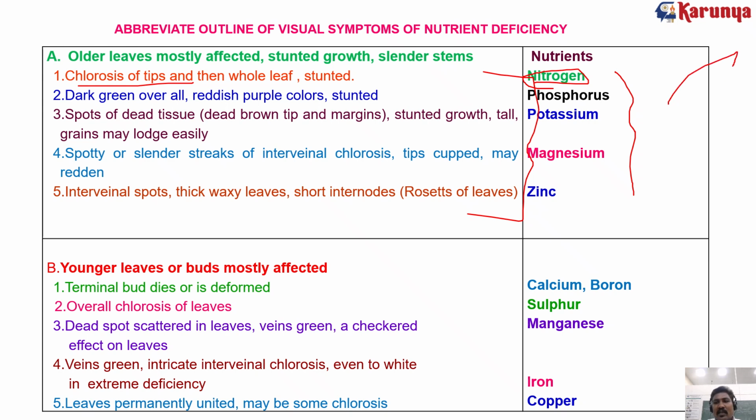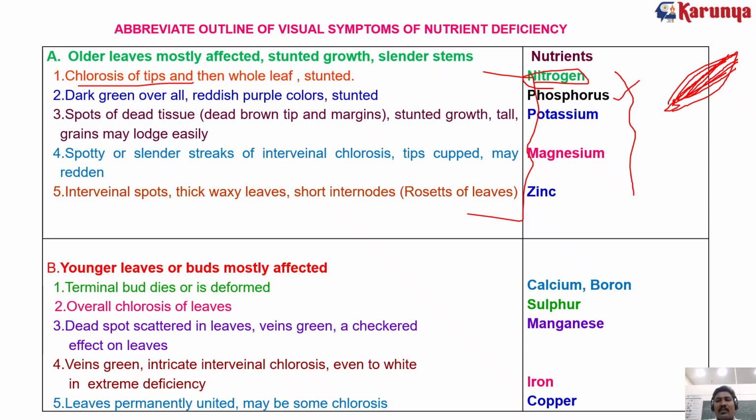The deficiency symptom will start from the tip of the leaf, and finally it will show a V-shaped chlorosis, starting from the leaf tip and coming towards the petiole. So it will be observed like an inverted V shape.